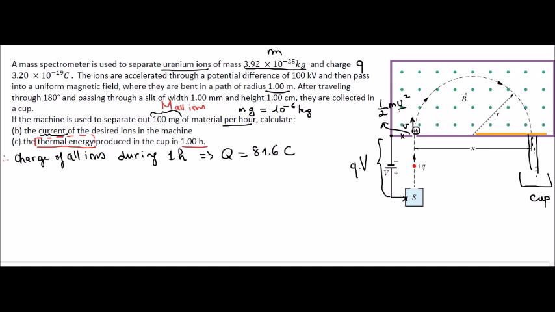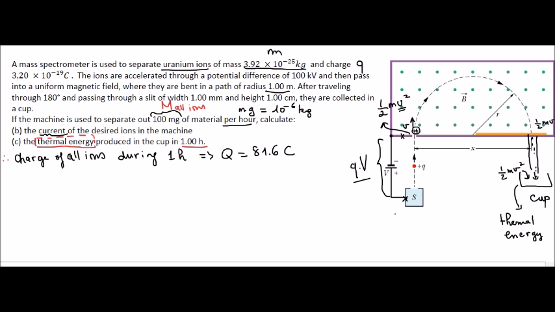The speed does not change in a magnetic field region. So the ion will arrive here with half mv squared and will come to the cup with half mv squared. That's the energy that entered the cup, and that's the energy that is converted into thermal energy. So for one ion, the thermal energy produced in the cup is half mv squared, the kinetic energy of this ion, and that's equal to qV, the potential energy from the beginning.